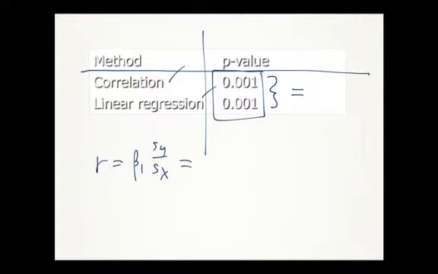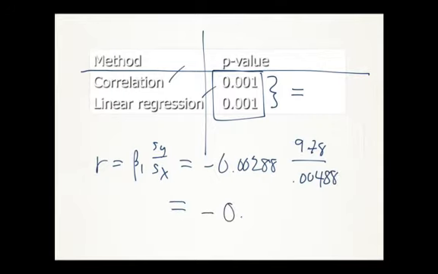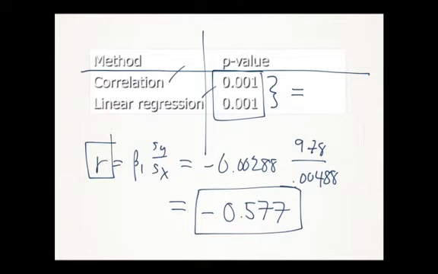So if you just plug this in, it's negative 0.00288 times 9.78 over 0.00488, which is equal to negative 0.577. And that was the exact same estimate that we had when we looked at the Pearson's correlation coefficient. Okay?